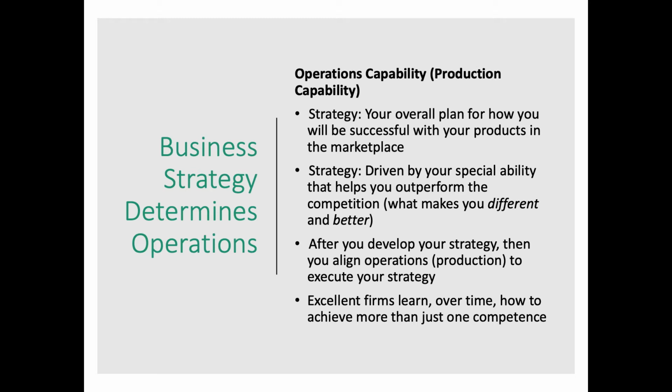We will talk about this in more detail when we hit one of the later modules on leadership and planning. But for now, think of strategy this way. Strategy is your overall plan for how you will be successful with your products in the marketplace. That's certainly one way to look at and describe strategy.